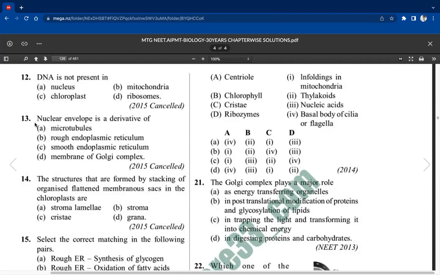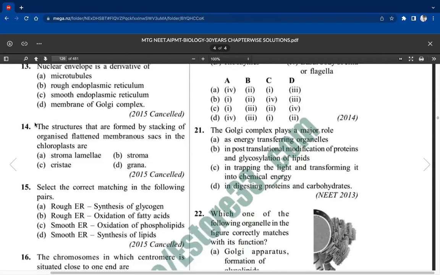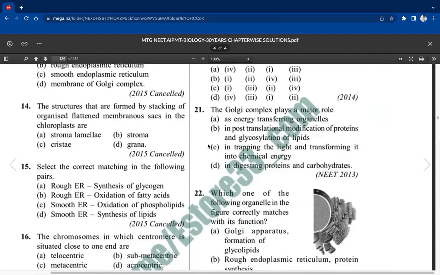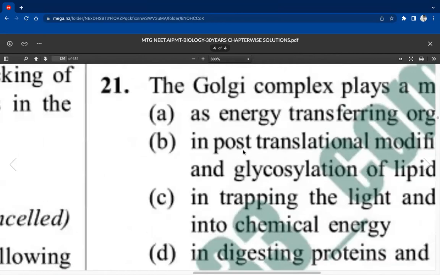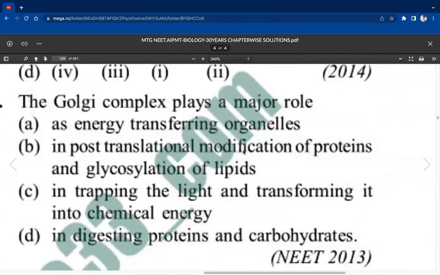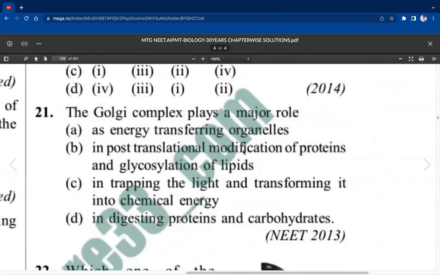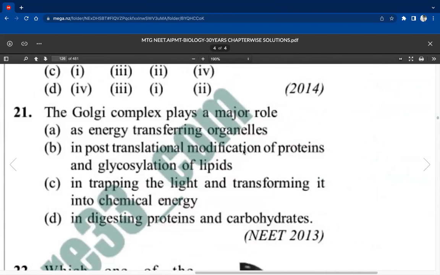Claps. Good. Aisha, your turn. Read question number 21. Something similar from the endomembrane system. Question 21. The Golgi complex plays a major role as energy transferring organelles, in post-translation modification of proteins and glycosylation of lipids, in trapping the light and transforming it into chemical energy, in digesting proteins and carbohydrates.